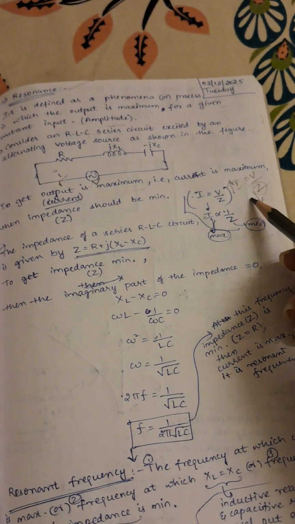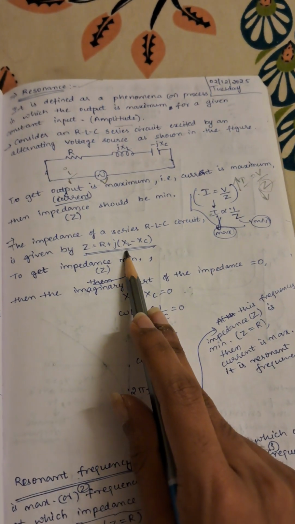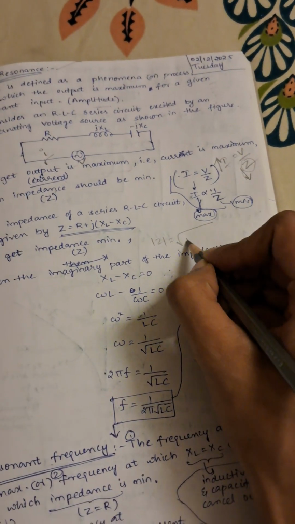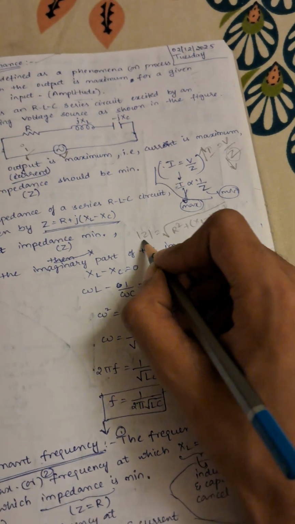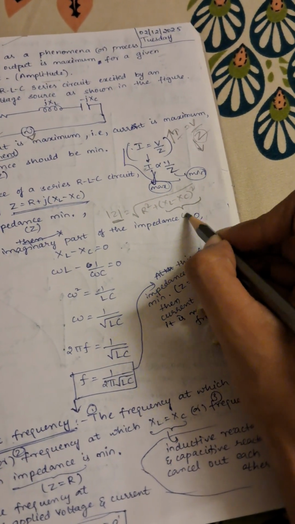Then only the current will be maximum. To make impedance less, Z is equal to R plus j into (XL minus XC). We can also write mod Z is equal to square root of R square plus (XL minus XC) whole square. To make this minimum, the first condition is to make this 0.